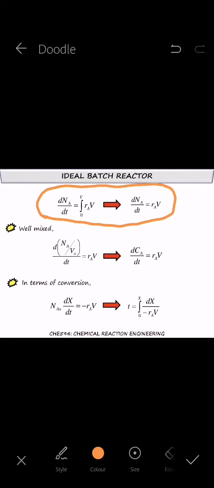And instead of number of moles and also volume, it can actually be converted in terms of concentration.